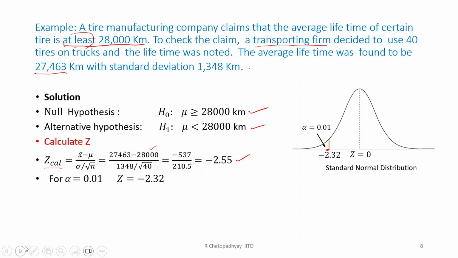If we say at the level 0.01, the value of Z is 2.32. This value has been taken from the table. For a given value of alpha, at the 1% significance level, we want to check whether this claim is correct or not.